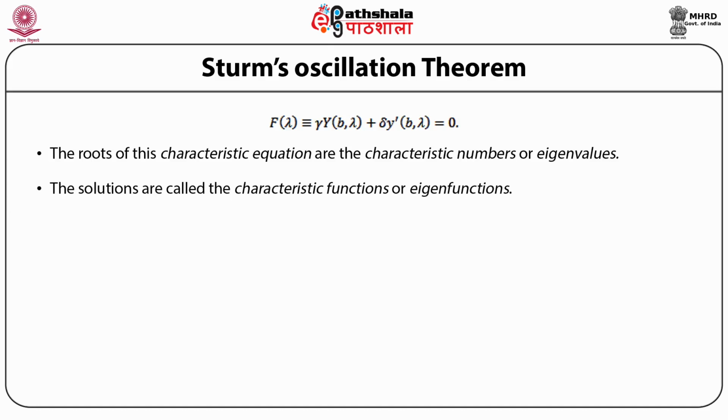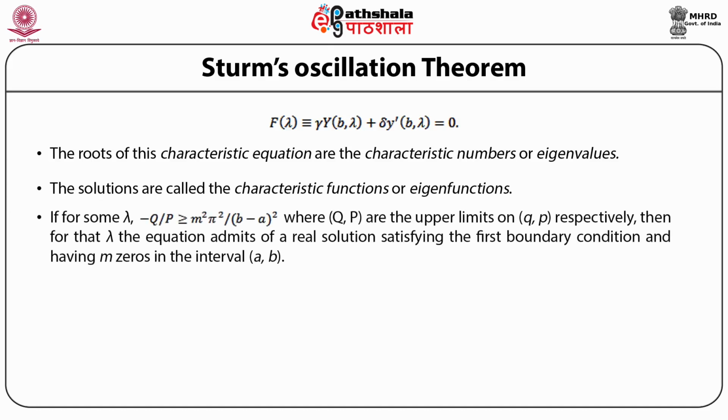As we have seen in the conditions for existence of oscillatory solution, if for some lambda minus q by p is greater than or equal to m square pi square divided by (b minus a) whole square, where capital Q and P are the upper limits on small q and small p respectively, then for that lambda the equation admits a real solution satisfying the first boundary condition above and having m zeros in the interval a to b.